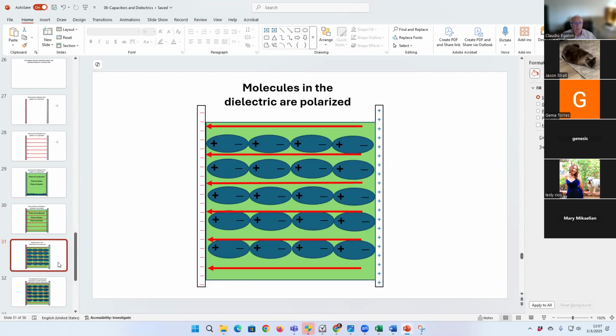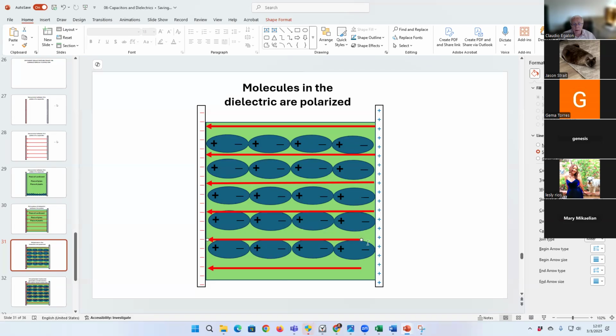There's one more thing, okay? Note that the electric fields go from the positive to the negative charges, right? Positive charges are sources of electric field. Negative charges are sinks of electric field. You get the same thing for those polarized molecules.